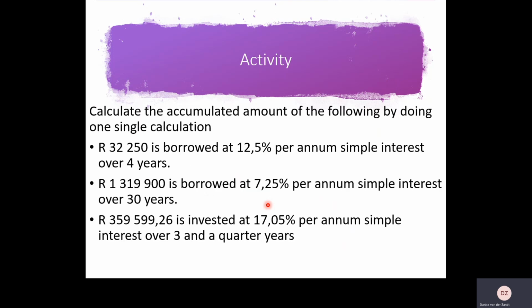Okay, your 2 to practice. 1,319,900 is borrowed at 7.25% per annum simple interest over 30 years. And then 359,599 Rand and 26 cents is invested at 17.05% per annum simple interest over 3¼ years.